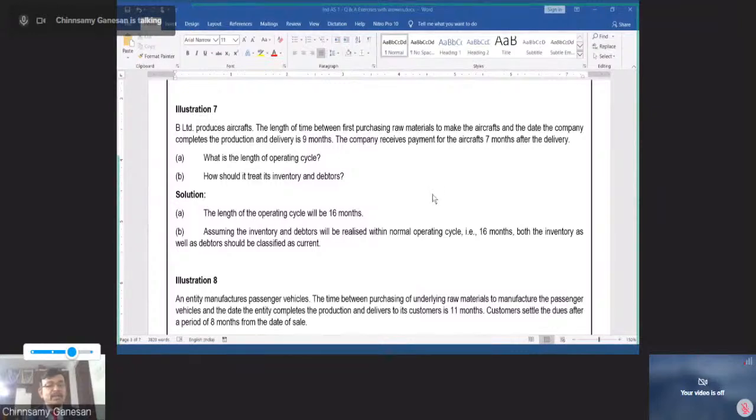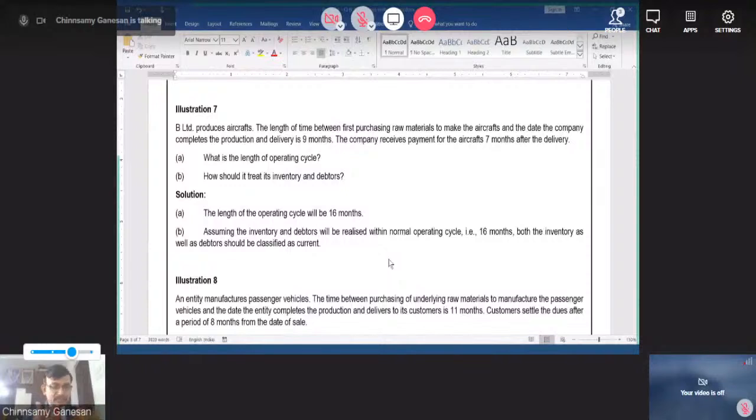Okay. How do you have to treat the inventory and debtors? If the debtors are collected within 16 months, it will be treated as current. If the inventory will be realized within 16 months, that is, consumed or sold, then it will be considered as a current asset based on the first classification.